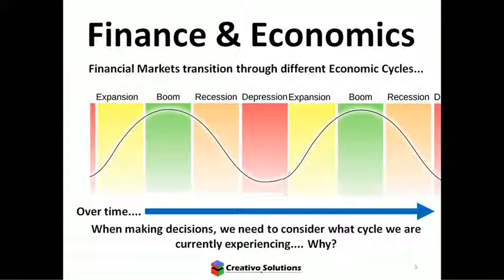So they might be willing to invest more, or they might be willing to expand into different areas, or even launch new products. But if the economic cycle is in a bad position, maybe a recession or even worse, a depression, then the business isn't going to be so keen on taking on more risk because the market is more negative, and sentiment generally in the market wouldn't be as positive.